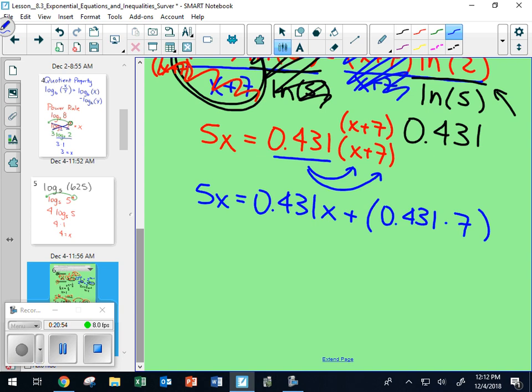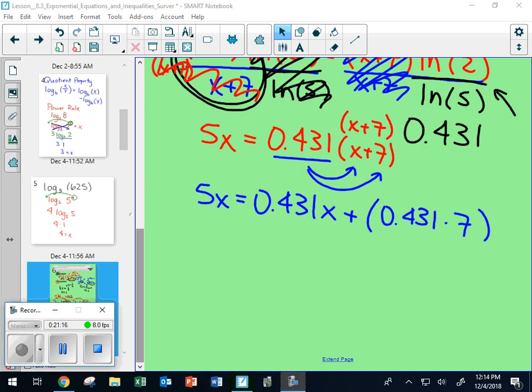And from here, it's just basic algebra. Get all your x terms on one side. Solve for your x only. So take a few seconds, finish solving this out, and share with each other what you're getting for your x value. I will pause while we do this.